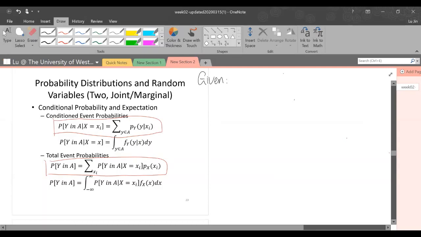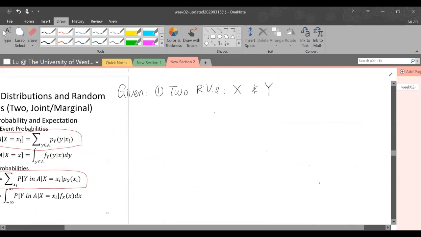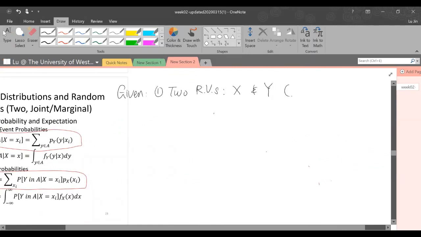There are three conditions given in this question. First of all, there are two random variables called X and Y. At the beginning of the discussion, we said these two random variables are both discrete random variables. The second condition is that a region A has been defined in the x-y plane, the plane defined by these two random variables.